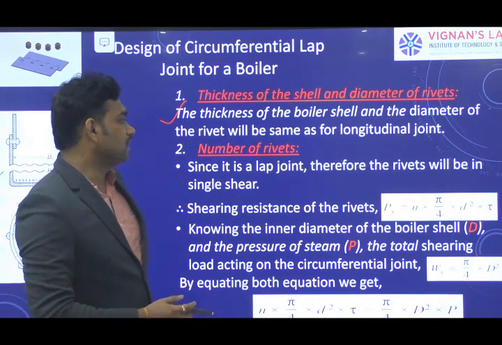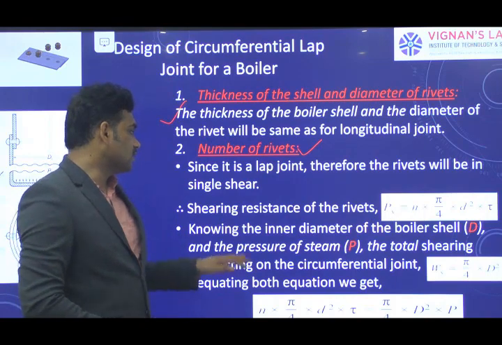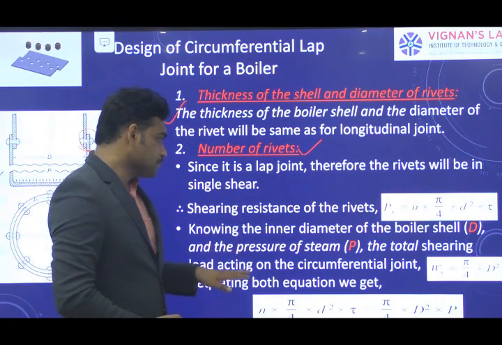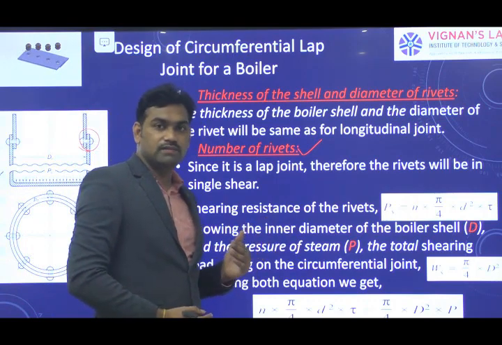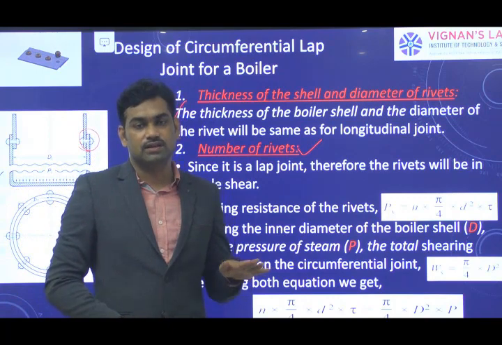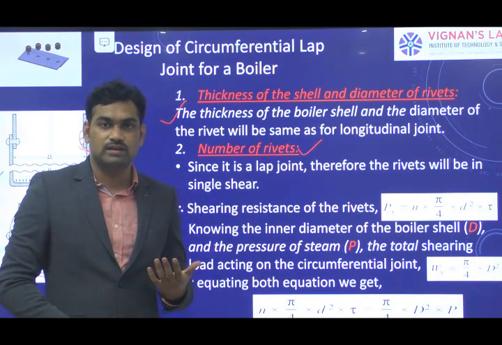And then you need to find the number of rivets required here. The number of rivets required in this case is found by equating the shear strength of all the rivets. Since it is a lap joint, all the rivets are subjected to single shear. That has to be equated to the gas load, that is the maximum gas load acting.